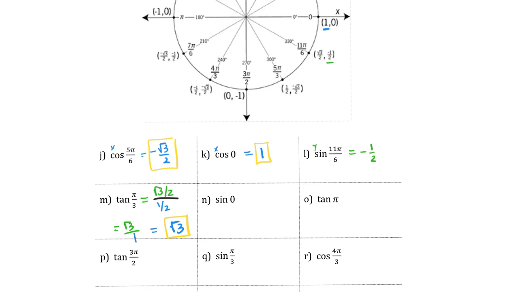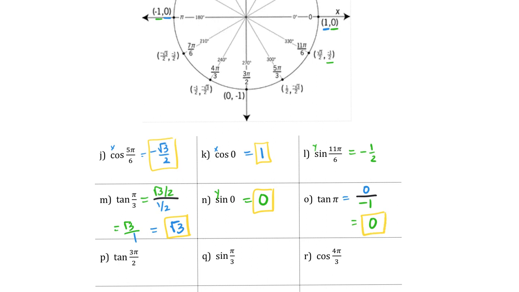Okay, let's keep going. Sine of 0. Sine is the y-coordinate, so at 0, the y-coordinate is 0. Uh-oh, tangent again. Okay, tangent of pi. Pi is over here, so I'm going to do the y divided by the x. 0 divided by -1 is 0. Okay, tangent again.